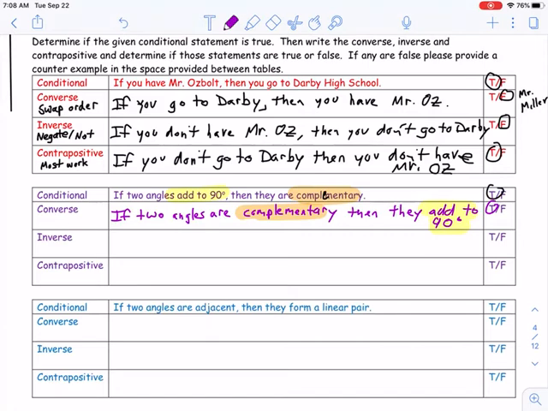Alright, now inverse, we're going to negate. So same order. If two angles don't add to 90 degrees, then they are not complementary.